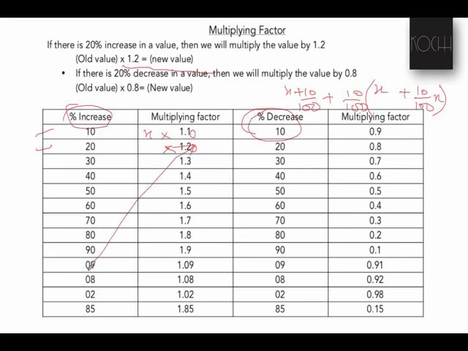Suppose I need 9%, so 9% would be 1.09 because 90% is 1.90. Similarly, 8% would be into 1.08, 2% would be 1.02, 5% would be 1.05.